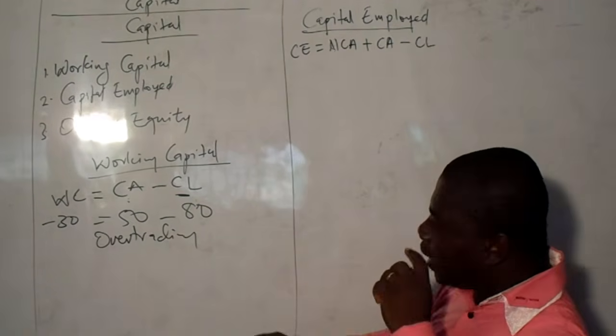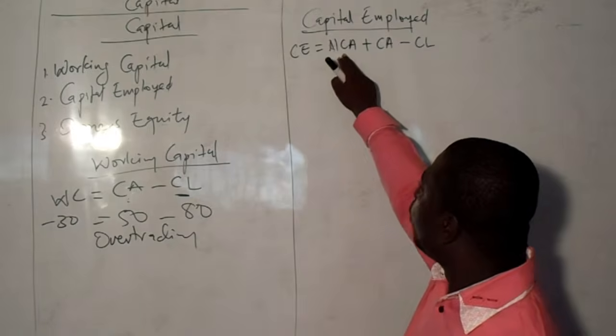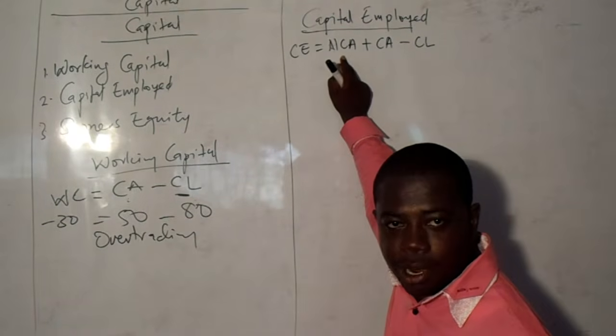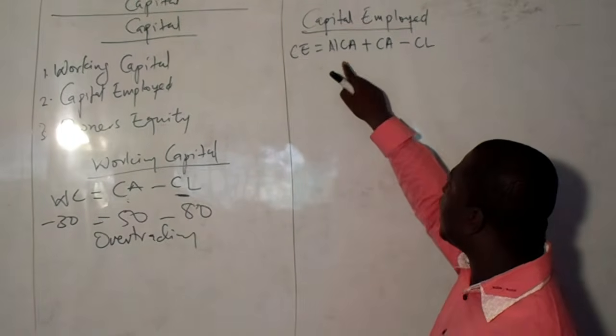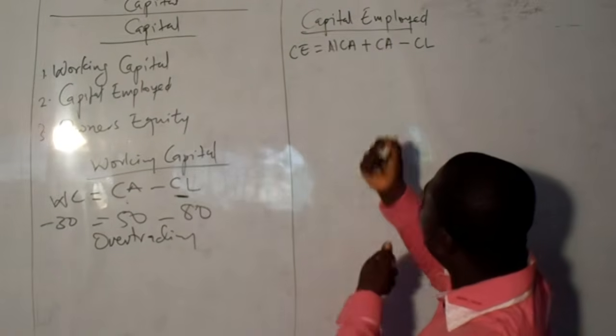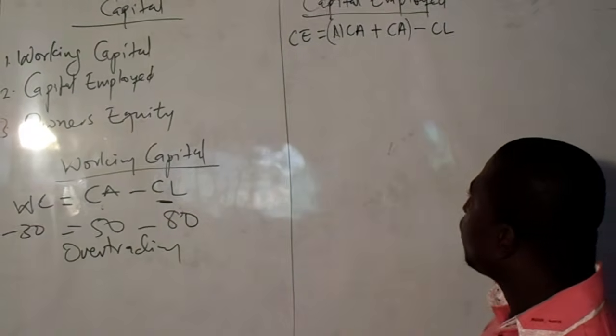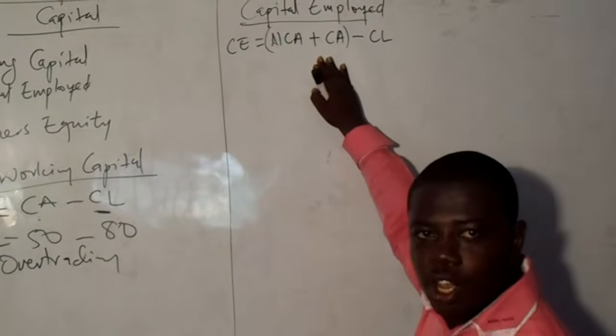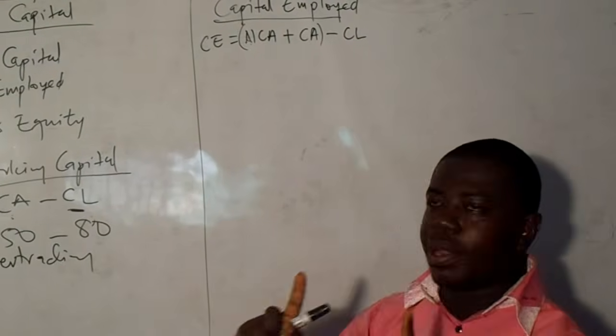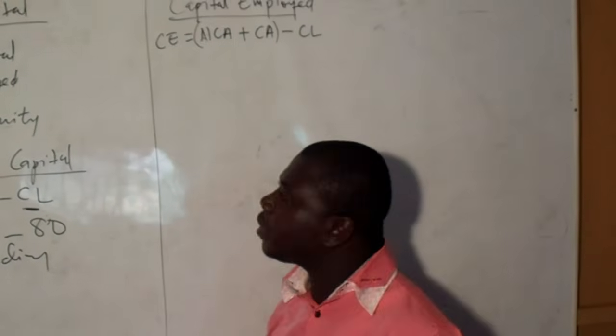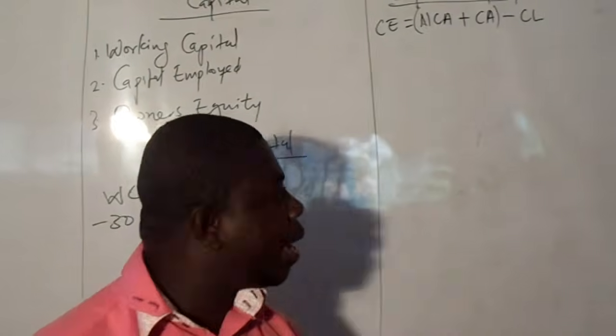So the only thing that has changed from the working capital is that we have introduced a non-current asset variable here. And so now these two are what we call your total assets. So total assets of the business minus only the current liability is your capital employed. And that is what we mean by capital employed.